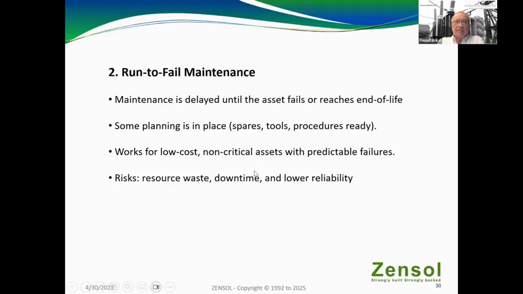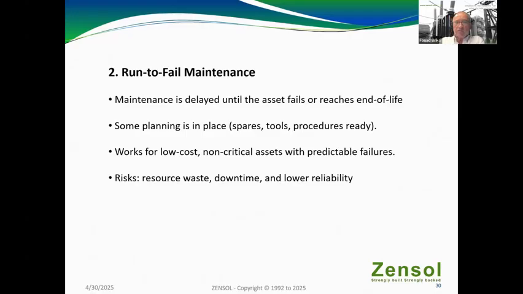Run to fail maintenance. Maintenance is delayed until the asset fails or reaches end of life. So some planning is in place. For example, you can have some spares, tools, and procedures ready, so in case of failure you know exactly what to do.